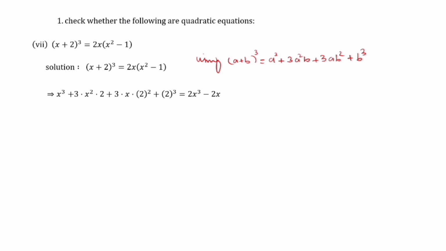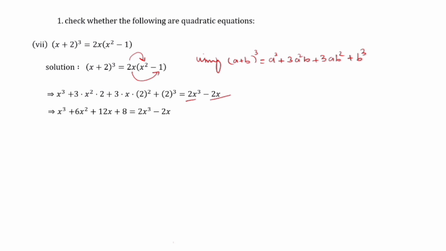Using this formula, here a is equal to x and b is equal to 2. After using this formula here, we will get x cube like this. Then this right hand side, it means that if we multiply here, we'll get this, and if we multiply here, we get this.